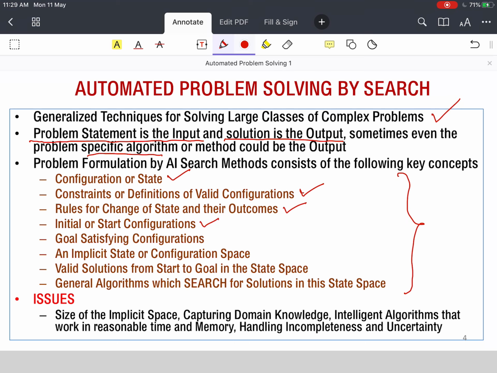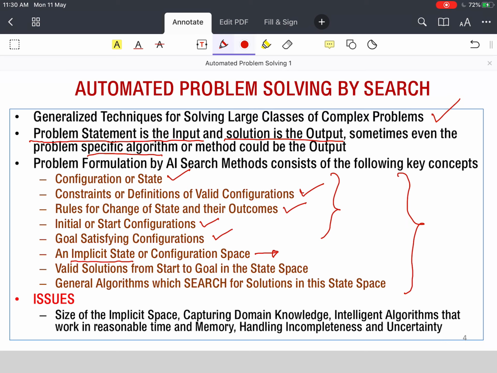Then we have an initial configuration, which is the start. And then we have a set of goal satisfying configurations. That means given a configuration, we can check whether that is a goal or a solution. So based on this set of configurations and rule changes, we create what is called an implicit state space.